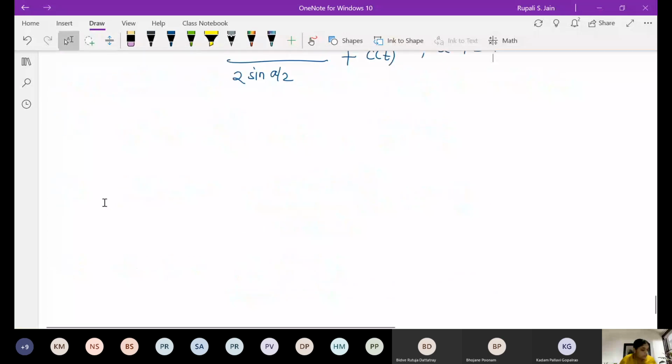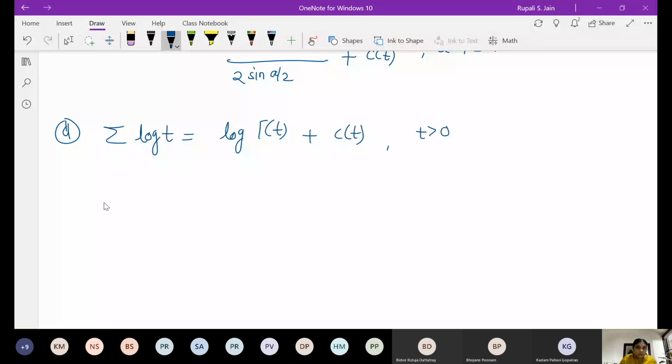Denominator will be 0. Now D, summation log t is nothing but log of gamma t plus C of t. T should be greater than 0. E, summation t to the a falling is nothing but t to the a plus 1 falling divided by a plus 1 plus C of t.